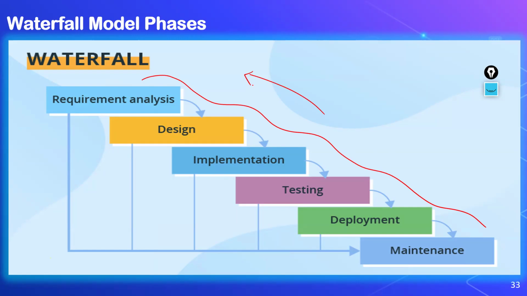That's the first thing. Second thing, if you're moving from one stage to another stage, you must complete that stage fully. You can't say, I have done the partial design of my application and I can start the development.